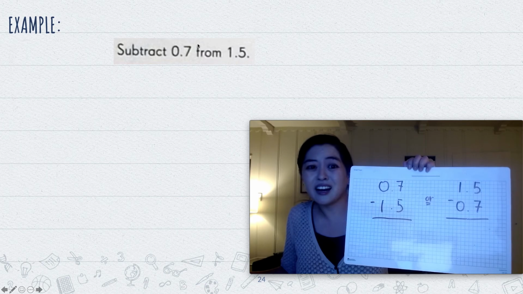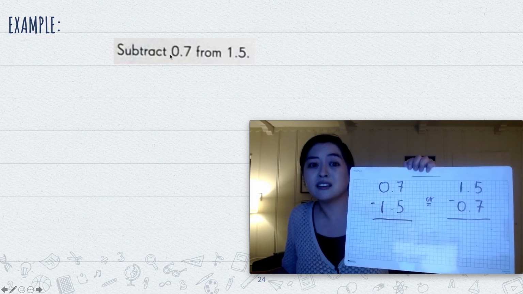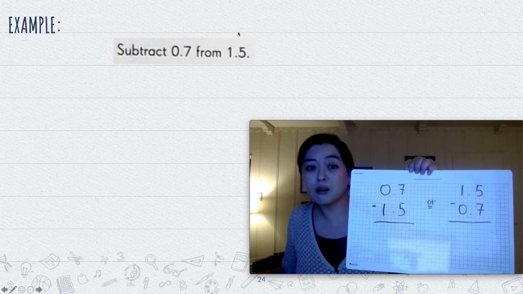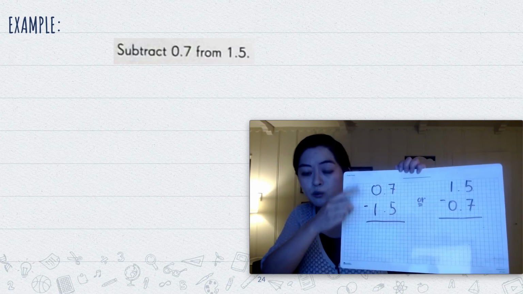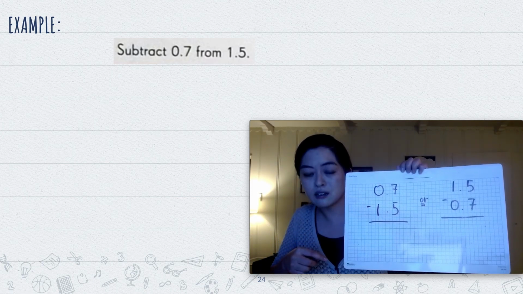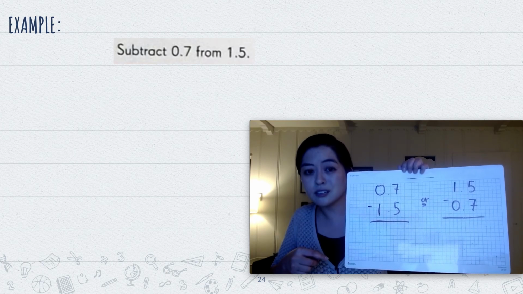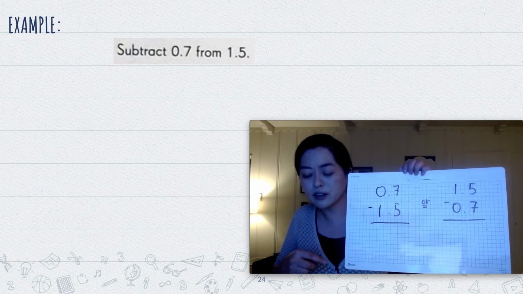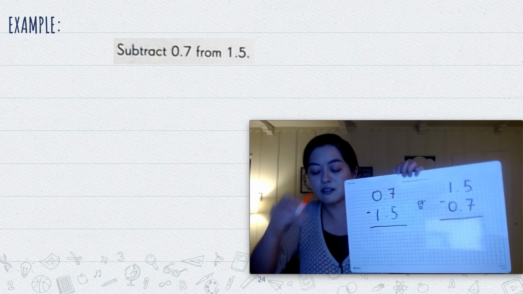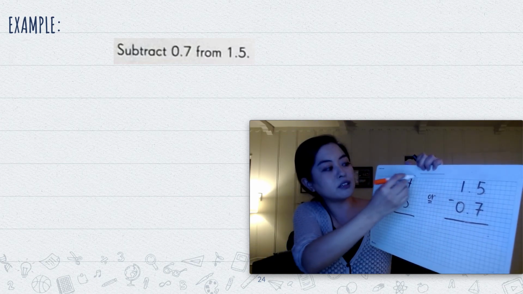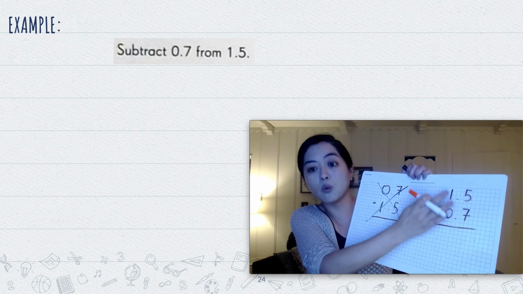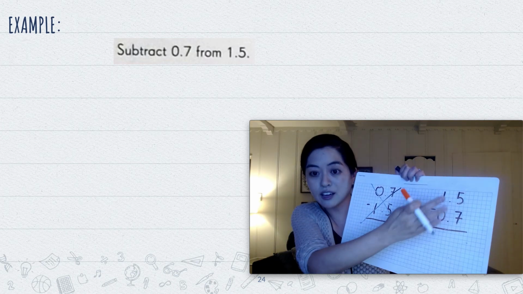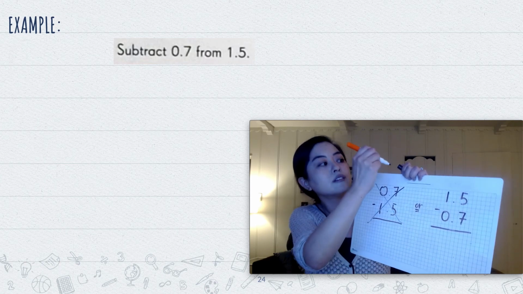I'm going to take 0.7 from 1.5. So you're going to take it away from 1.5. Which one shows that? Taking 0.7 away from 1.5. Ah, okay. It's not this one. It's this one. I'm taking 0.7 away from 1.5. Okay, so this is the correct one.